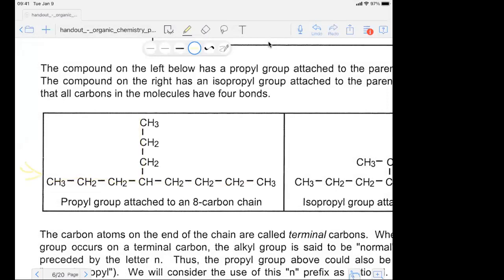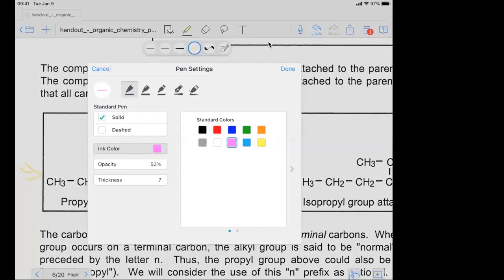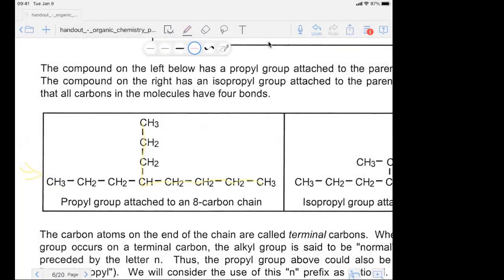Nope, 8 is still more than 7. Or we can go 1, 2, 3, 4, 5, 6, 7, 8. Okay, so there's 2 possibilities to have an 8 carbon chain. Either way, 8 for sure is the parent hydrocarbon. So I'm going to call it octane.